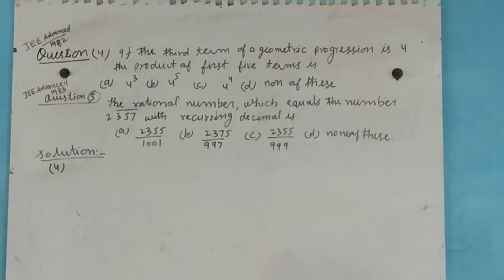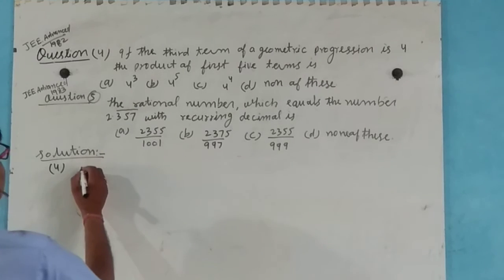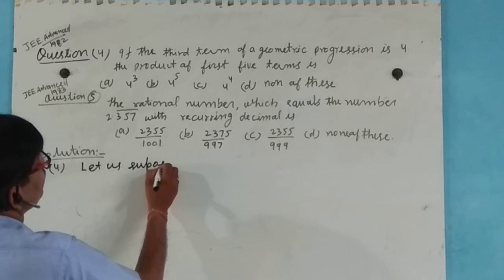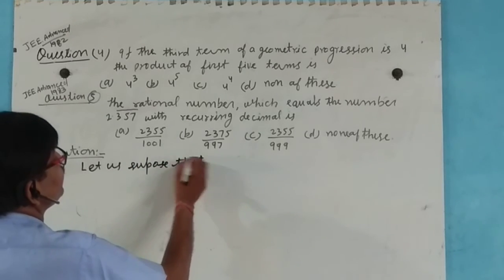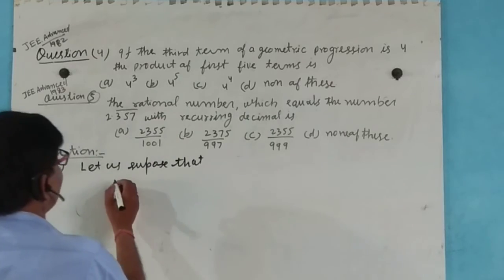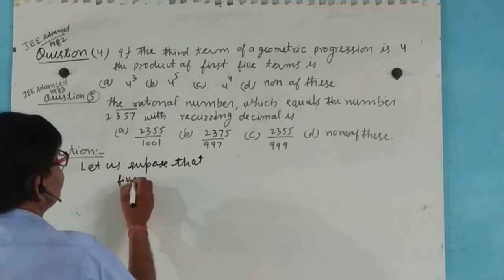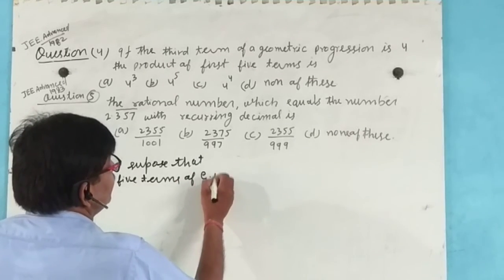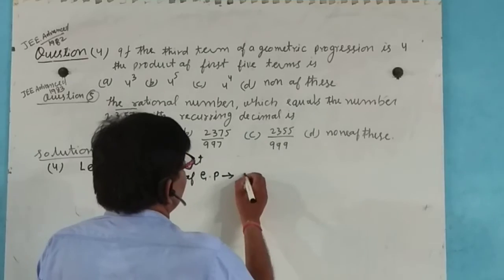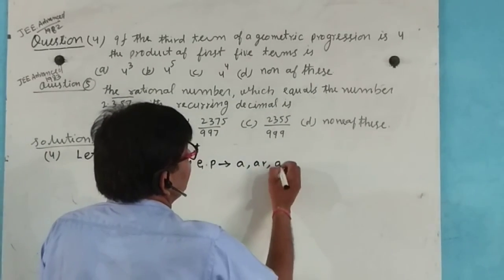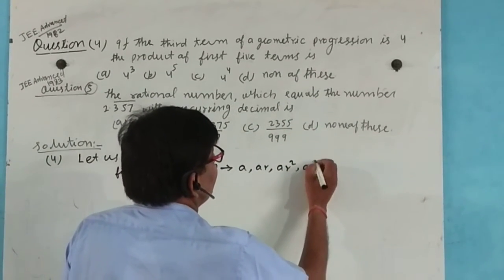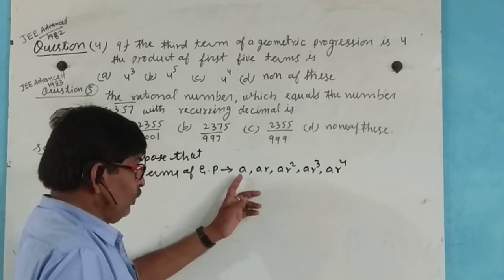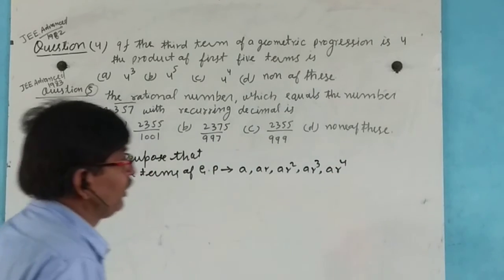Now here let us suppose that five terms of GP is a, ar, ar square, ar cube, ar to the power 4, 1, 2, 3, 4, 5 terms.